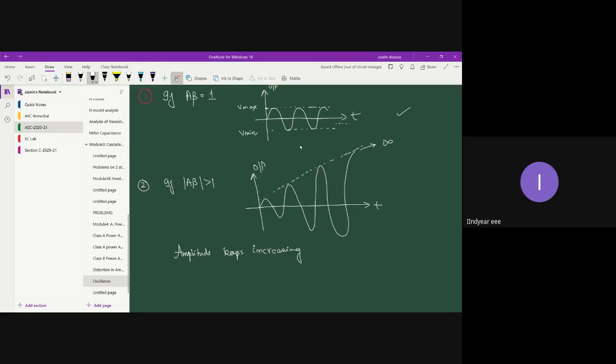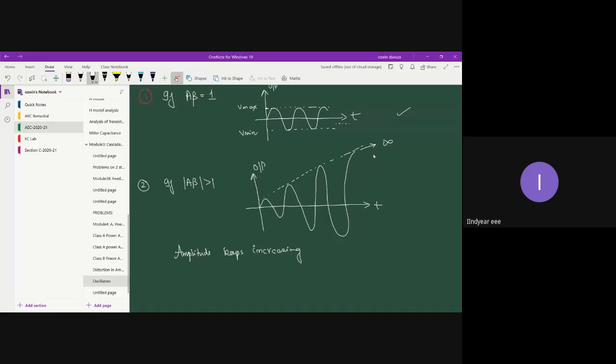So it will not result in a useful waveform, but we need a proper sinusoidal waveform. A beta greater than 1 leads to this particular scenario, so your waveform is useless. You cannot use it for any practical applications because the amplitude is increasing. And what if the amplitude is greater than the maximum signal handling capacity of the circuit?